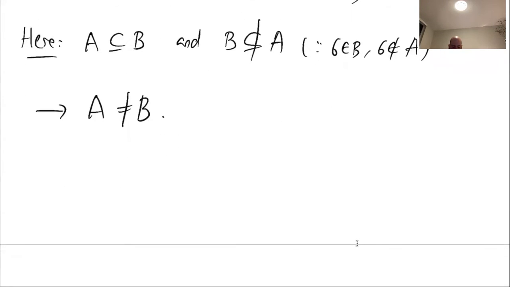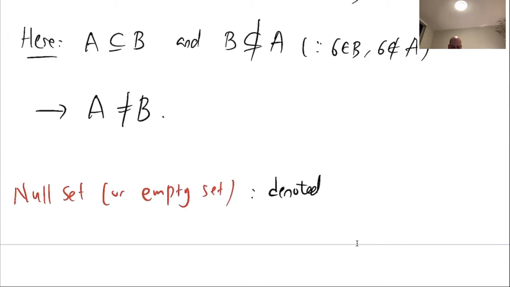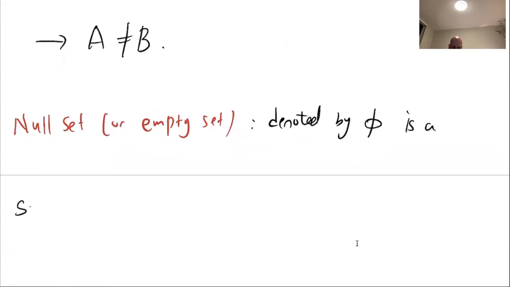Okay, so another thing we want to look at, a null set or empty set, denoted by phi, is a set containing no element.